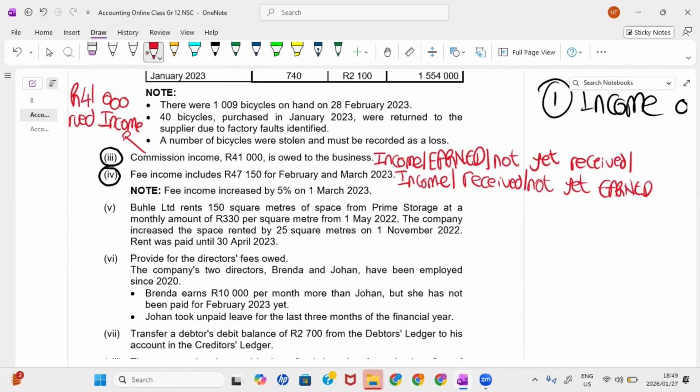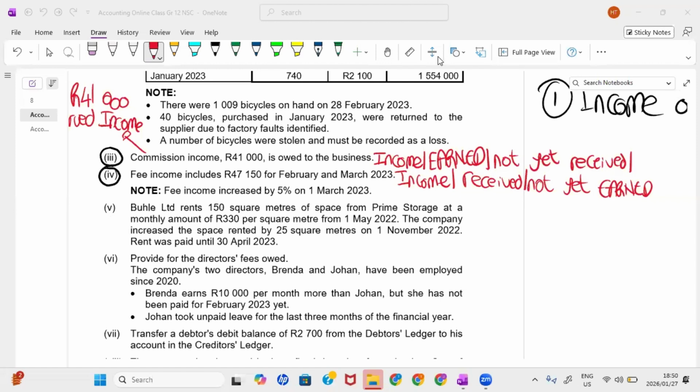So my question to you is: is this an accrued income or is this a deferred income? What are we classifying it as? Answers in the chat box. Write your answers in the chat box, guys.